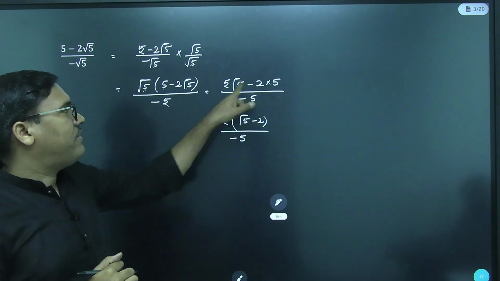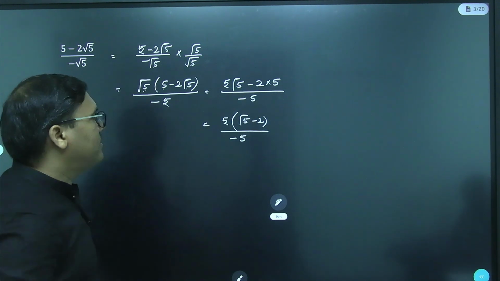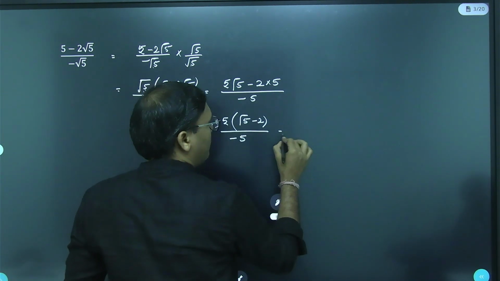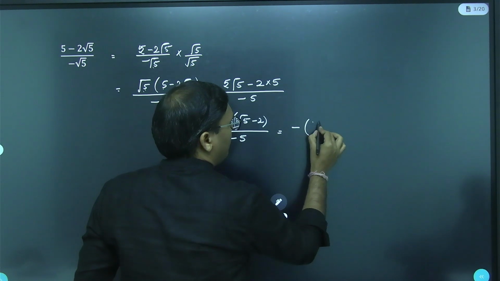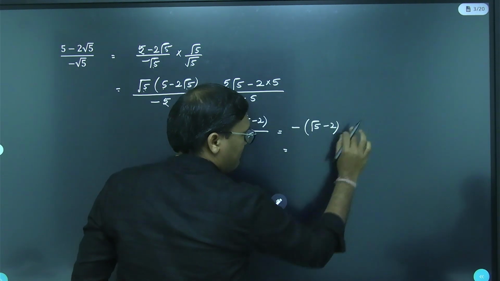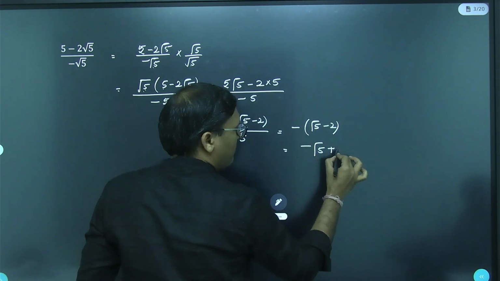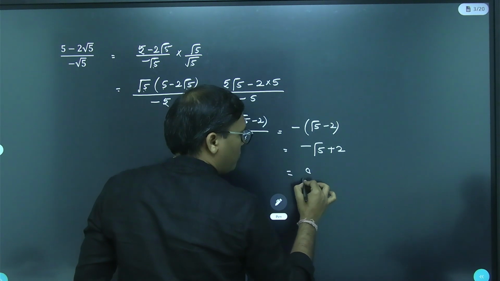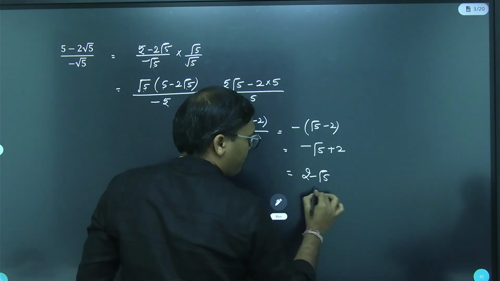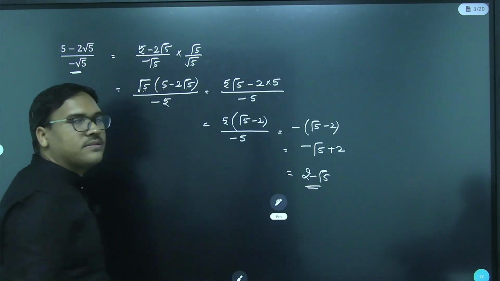I have taken 5 common, this is 5 into root 5 minus 2 into 5. So this 5 and 5 get cancelled out. So this is minus of root 5 minus 2, and if I take this negative inside, this is minus root 5 and negative will become positive. So this is 2 minus root 5. So this number after simplification is this, right?